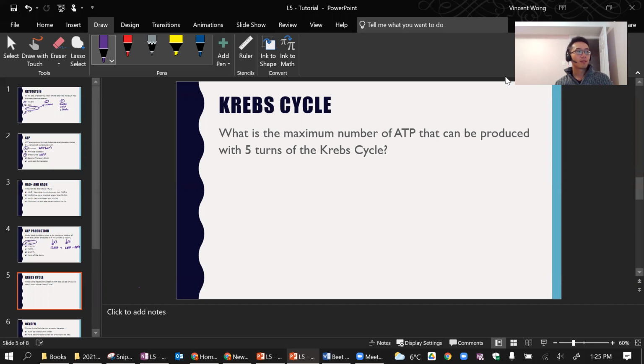Okay, so we have a lot of various numbers here, a lot of 10s, and 55 or 66. All right, let's take this up. So one cycle, one turn. What are the products of one turn?